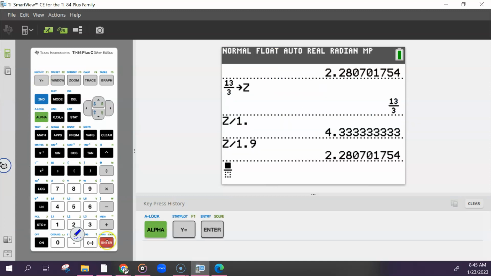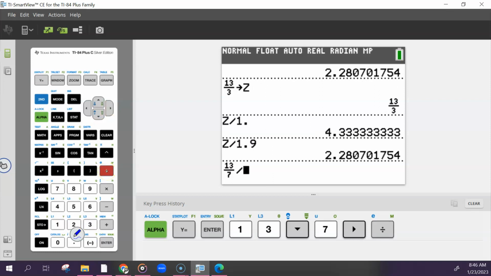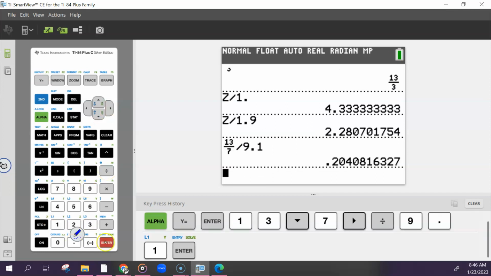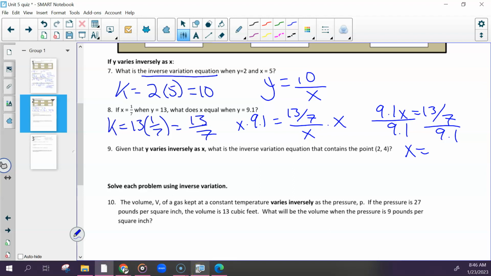So if I did 13 over 7 and divided it by 9.1, we get 0.204. Okay, so whether you put all those decimals, 0.2, 0.204, 0.2041, whatever. Questions on that one?